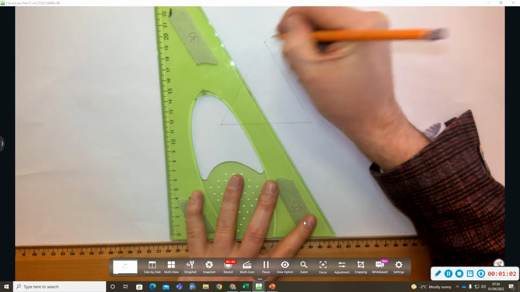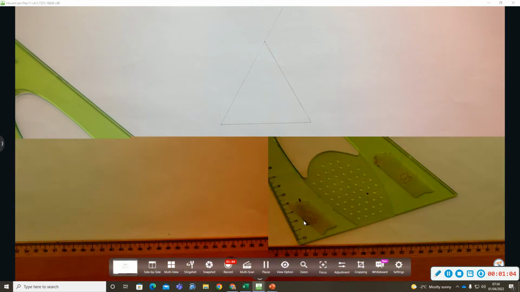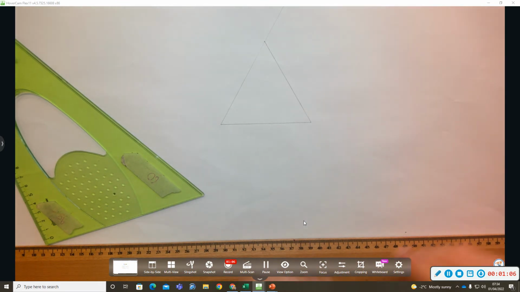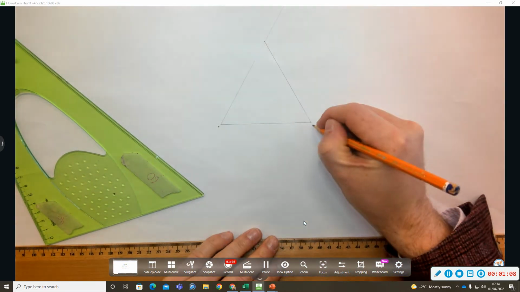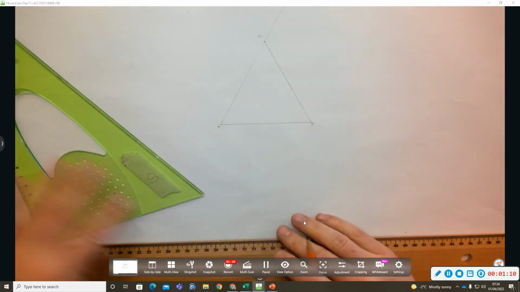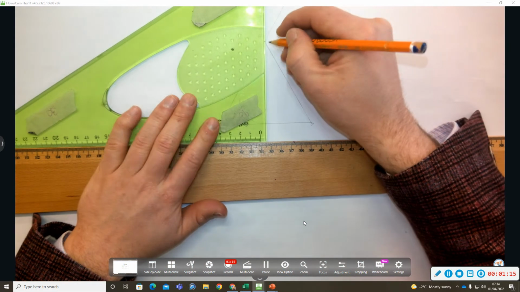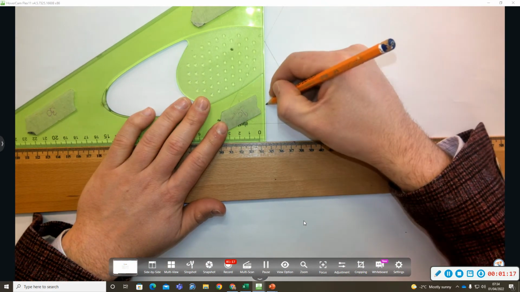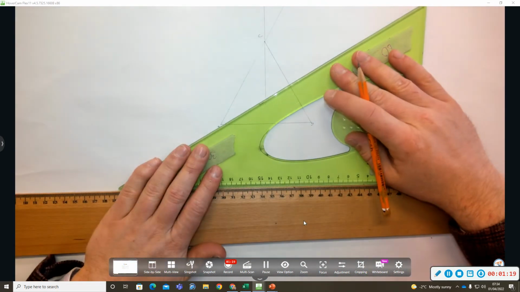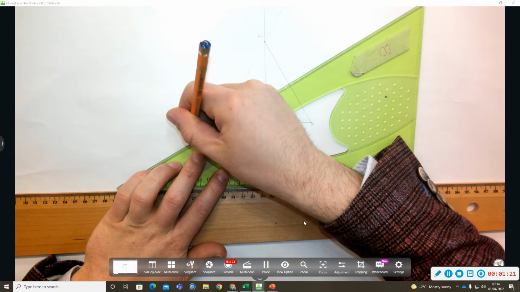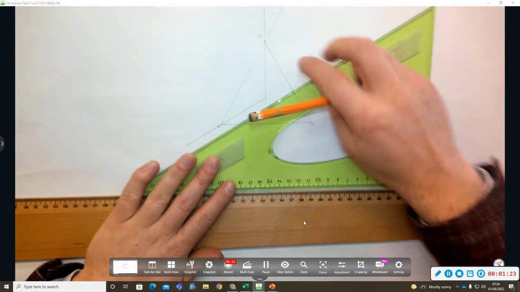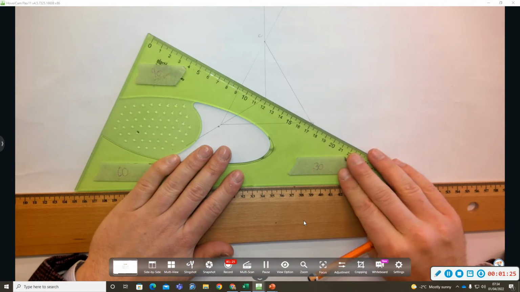There we have the equilateral triangle, A, B, C. Okay, then we can draw in our y-axis, our x-axis, and then our z-axis.